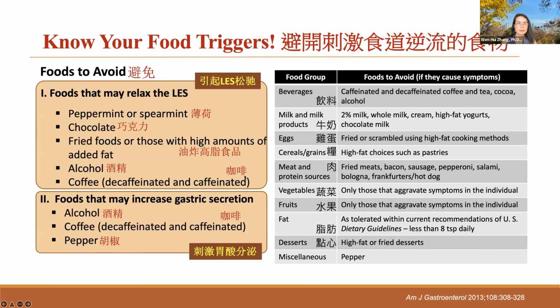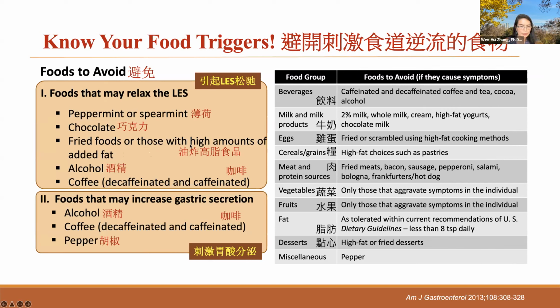So when people experience acid reflux, they need to take note of what they eat to avoid the food triggers. These are the foods that need to be avoided, like peppermint, chocolate, and high-fat foods like fried foods, mostly processed.